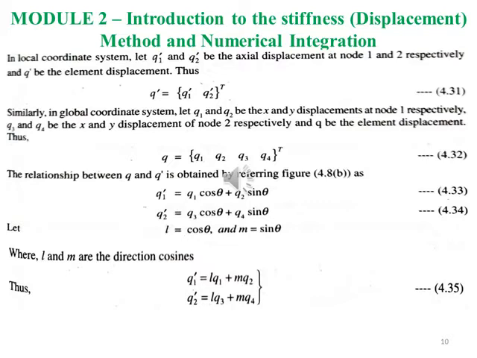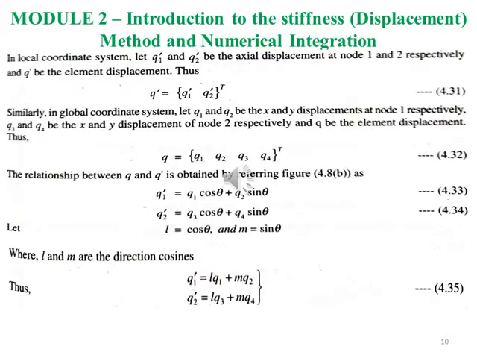So let us consider a local coordinate system. Let q1 dash and q2 dash be the axial displacements at node 1 and node 2 respectively, and q dash be the elemental displacement. So we can represent this as q dash is equal to q1 dash, q2 dash transpose.